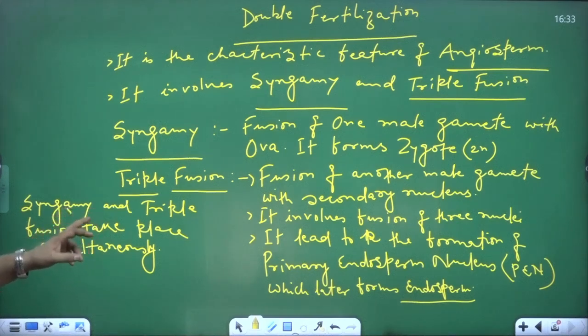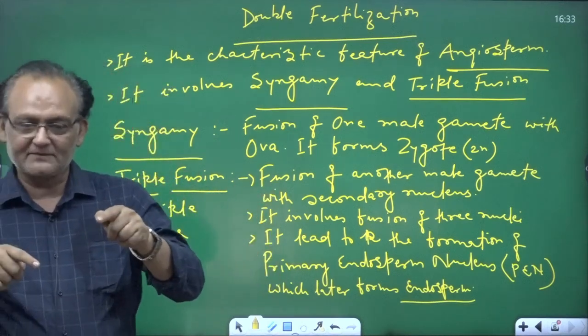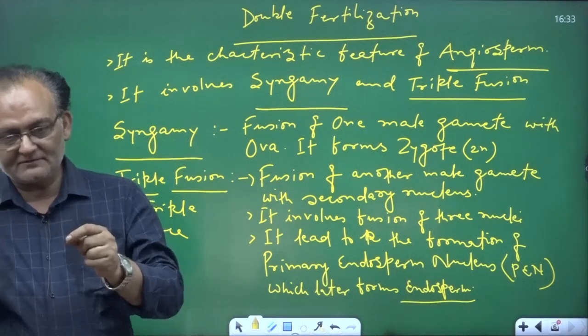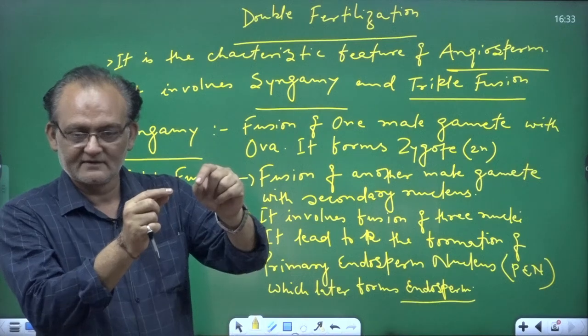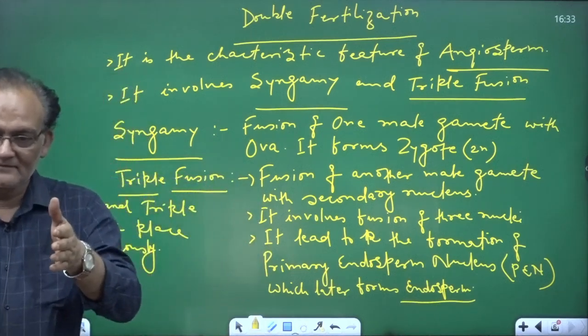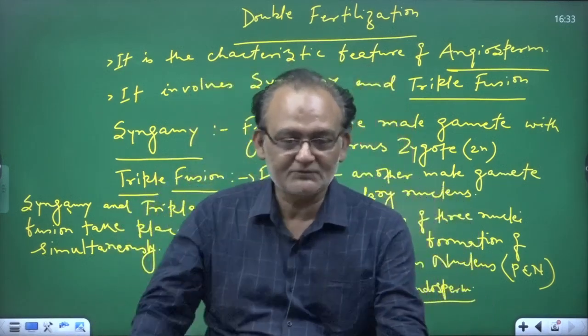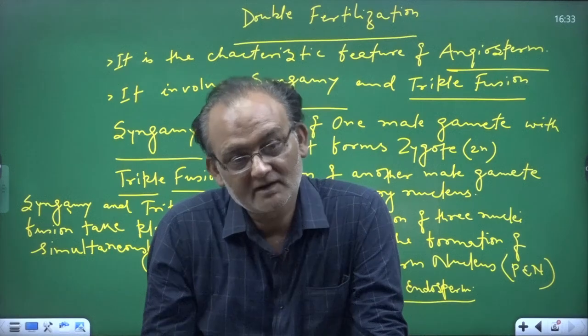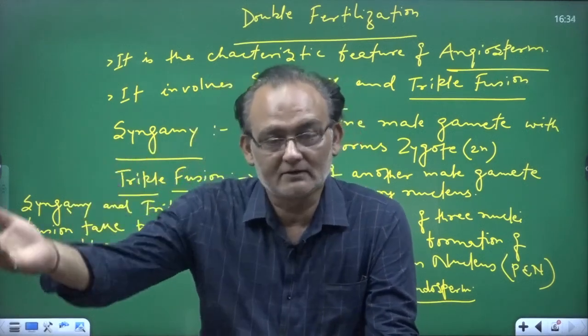Syngamy and triple fusion take place simultaneously, meaning at the same time. It is not that first the zygote forms and later the embryo, no, or the endosperm, no, at the same time fusion takes place. One male gamete will fuse with the ovum and another one will fuse with the secondary nucleus. So it takes place at the same time. You know what happens in gymnosperms, that in gymnosperms the endosperm forms earlier and the zygote is formed later on.